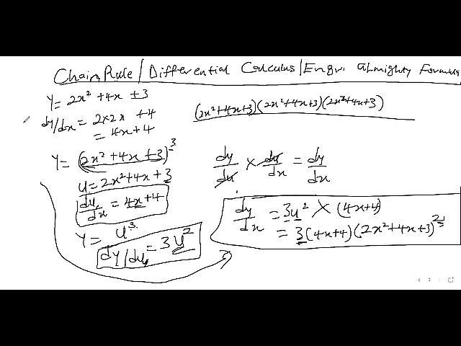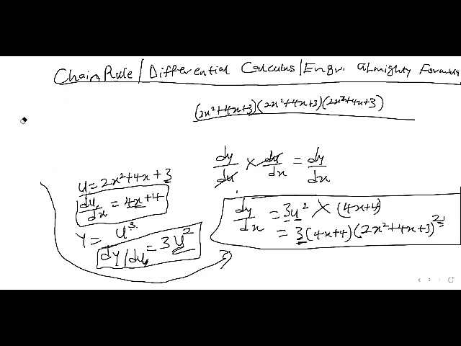So let me do a short example. Let's say we are asked to differentiate 2x plus 4, raised to power 10. First things first, this power will come down. We have 10.